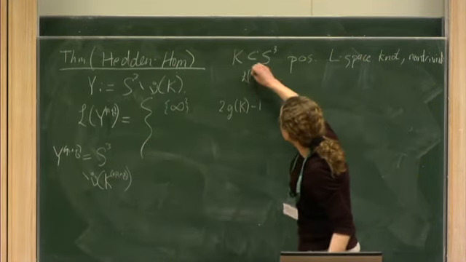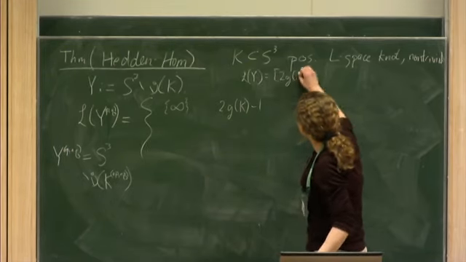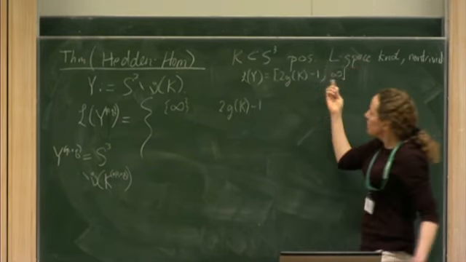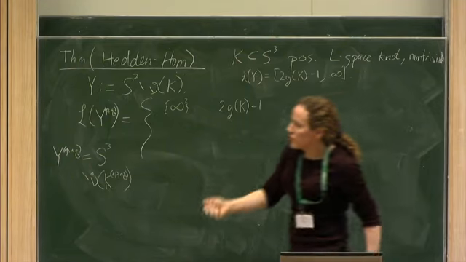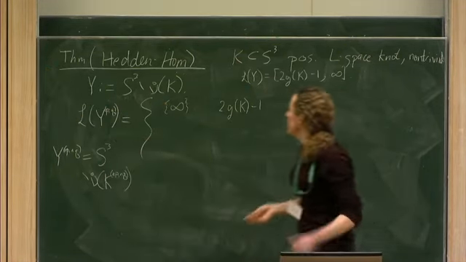So the L-space interval for Y is always going to be 2g minus 1 to infinity. This is an earlier result of Peter and Zoltán, but you could also show it using the Turaev torsion computation that we have here.